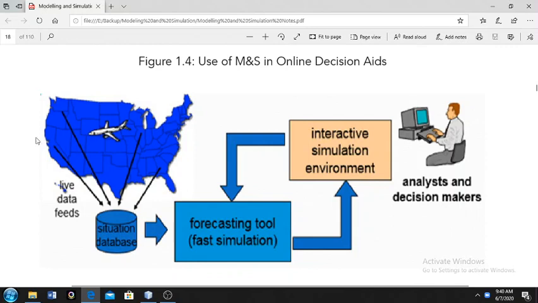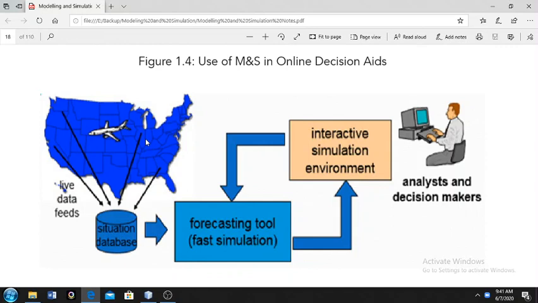It's very risky, it's very dangerous. If you want to physically practice in a real plane without enough training, this will lead to a disaster.